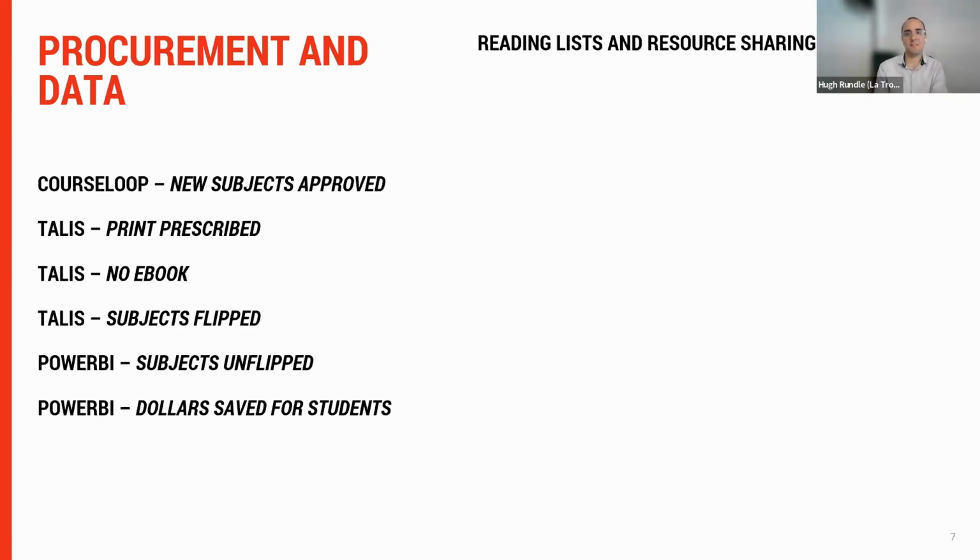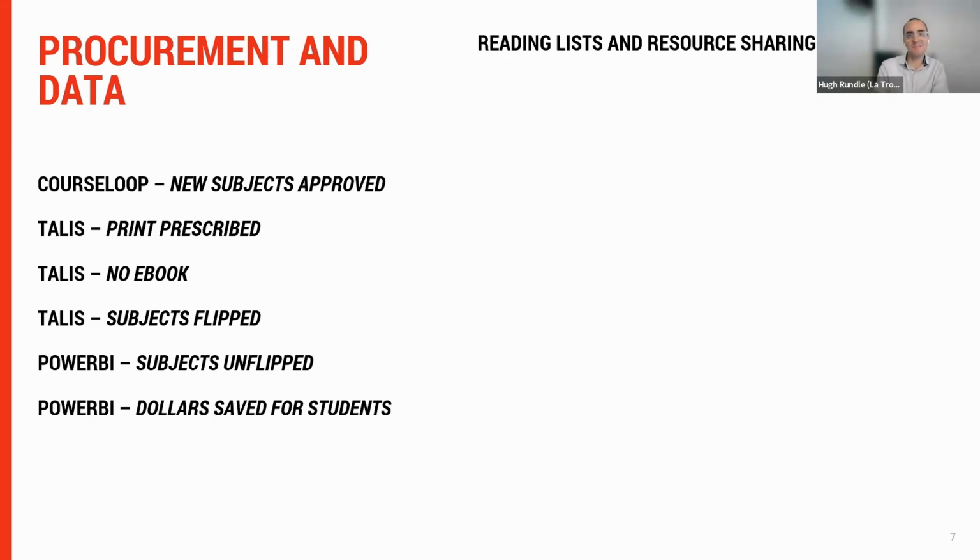Then we can see things like the proportion of lists with print items broken down by school. We keep our data sets as clean as we can by refreshing our subject hierarchy every quarter, I think it's every quarter, Jamie might correct me there, using an export from our course management system. So we've always got the latest set of subjects aligned to the current schools within the university.